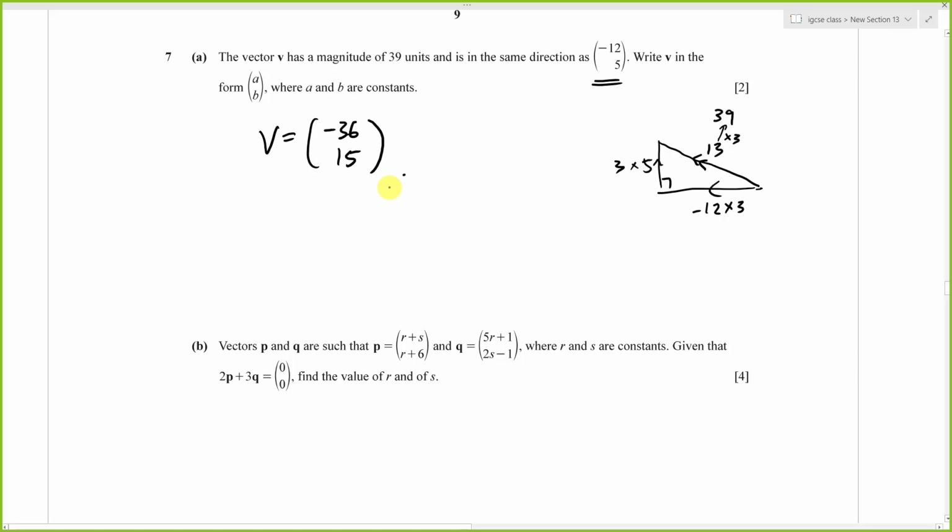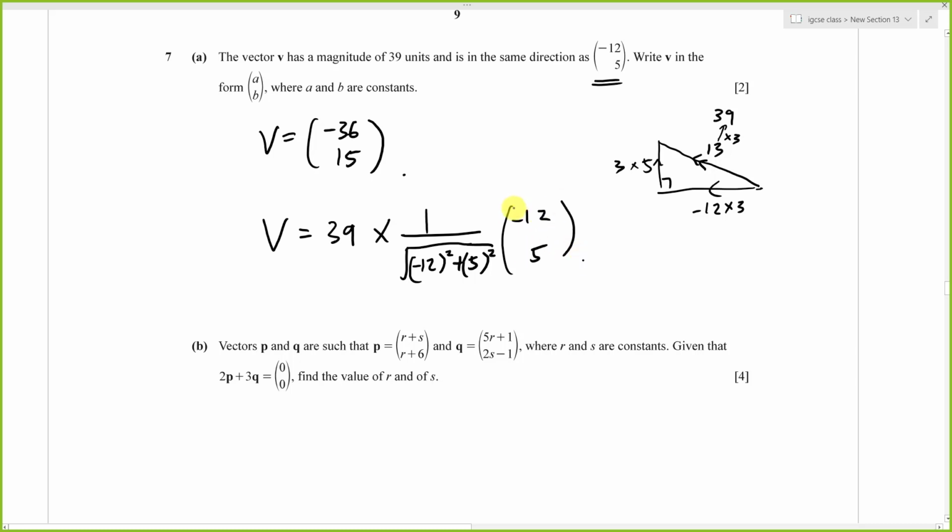Just in case you prefer the formula, you can do that by using the direction. So you can say v equals 39 multiplied by 1 over the square root of negative 12 squared plus 5 squared, times (-12, 5).